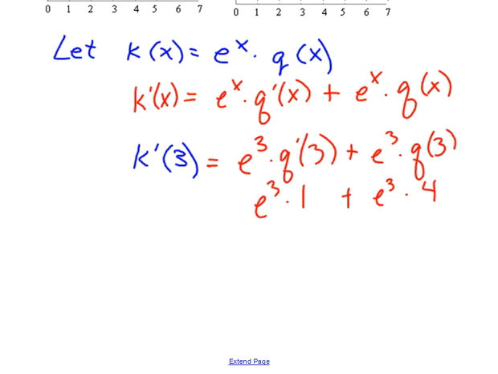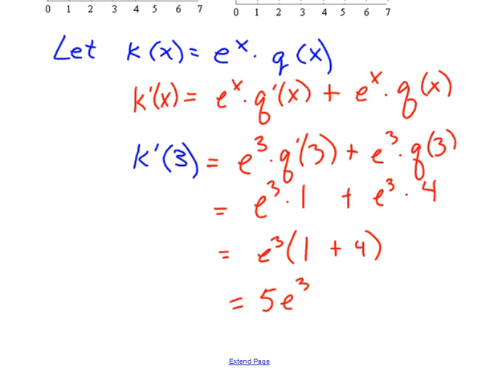Okay, and then you want exact values. So you could factor out the e to the 3, or you could see that those were like terms and just add. You have 1 plus 4, which ends up being 5 e to the 3rd.